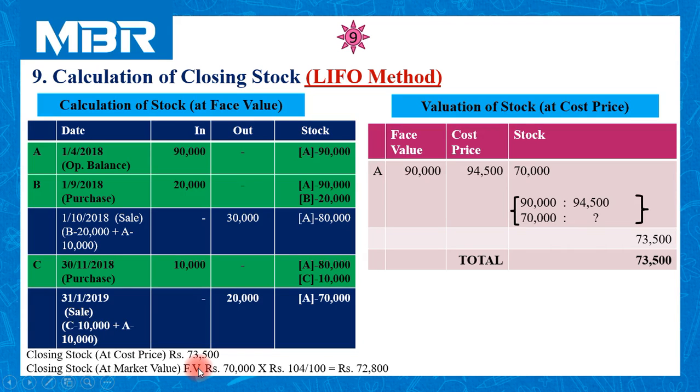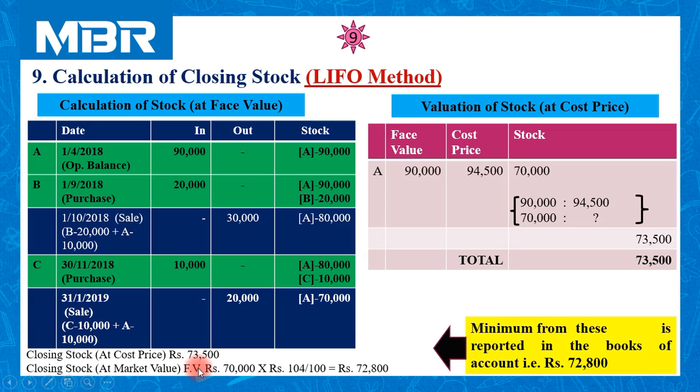Now closing stock at cost price is rupees 73,500, while market value of the closing stock is rupees 72,800. According to the principle of conservatism, we need to consider the minimum out of cost price and market value. So we will consider closing stock at rupees 72,800.